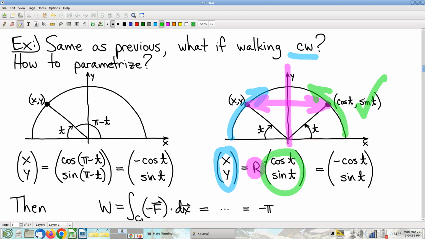I know what this green parameterization is, and I know what this reflection does. I can just see from the picture that this reflection puts a minus sign on the x-coordinate. And boom, there's my parameterization. It gives me the exact same result; I get the same final parameterization either way.